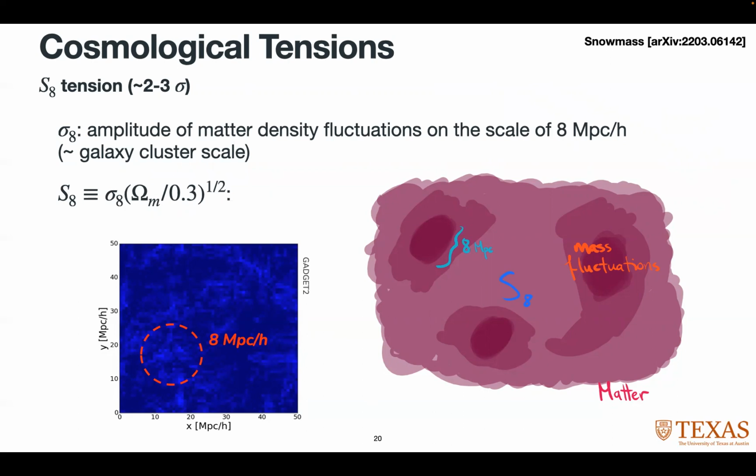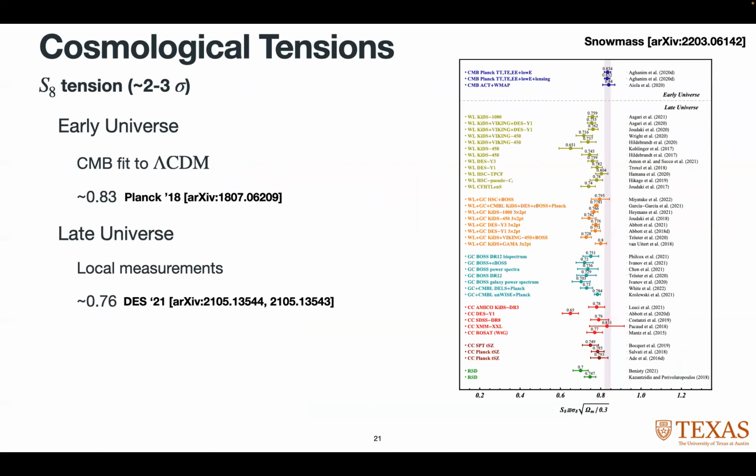So, as with the Hubble tension, there are many observations and efforts to measure this S8. And there are also some discrepancies between early universe and late universe measurements. Of course, the early universe value comes from Planck with LambdaCDM, and this is around 0.83.